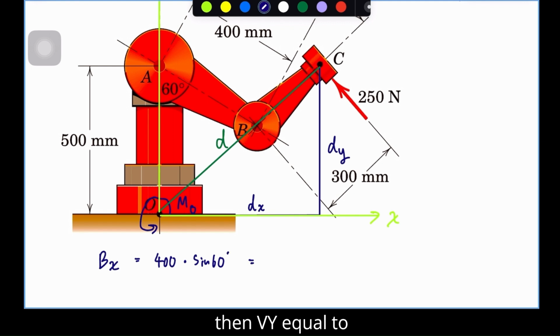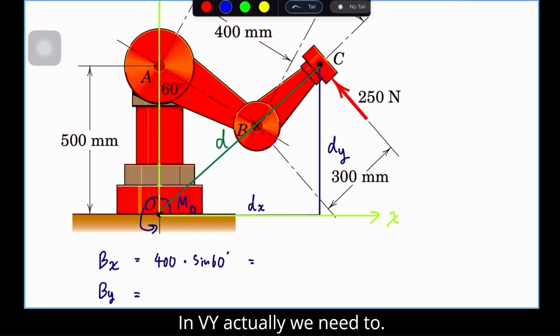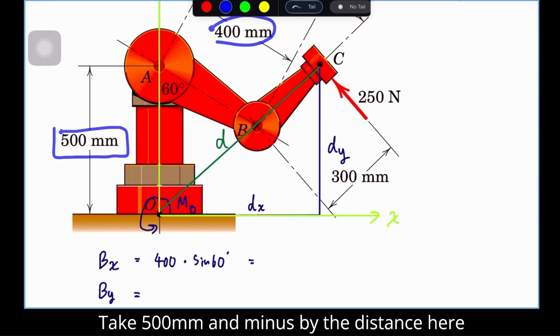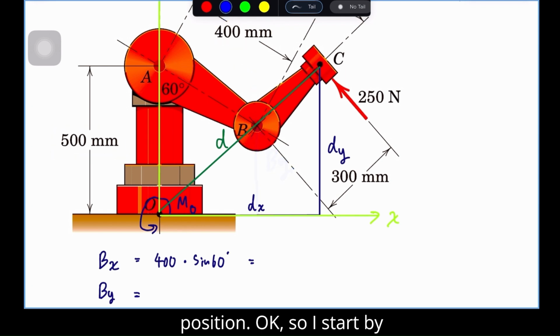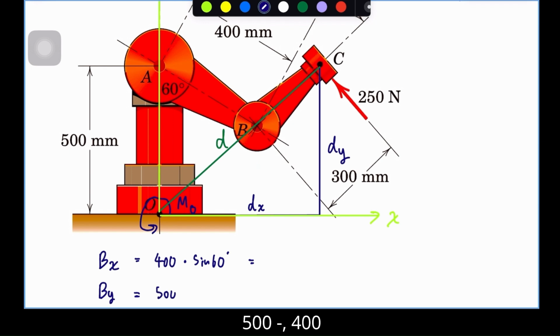Then for by, we need to take 500 millimeters and subtract the distance here, so that we have the actual by position. So by equals 500 minus 400 cos 60.